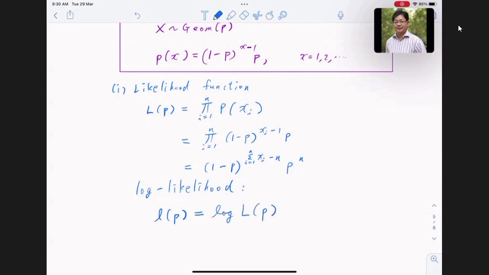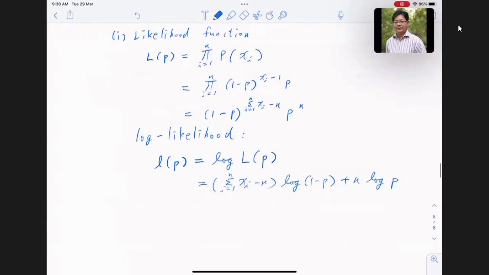It will become a simple function to work with. So this is how we can write down the likelihood function and the log likelihood function. This is the first step.